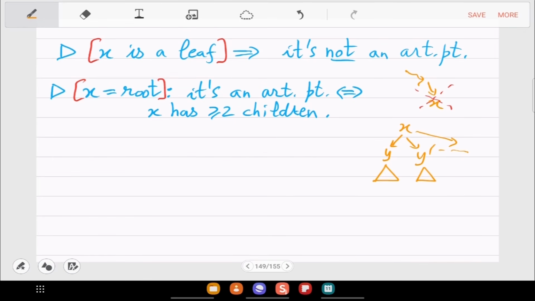Where is the back edge? That is what you need in the proof. So maybe this needs a proof. So when you delete X, from Y to Y prime, there cannot be a path. Because the DFS tree is in front of your eyes, all that is missing is a back edge. But then where will you draw the back edge? Because a back edge cannot go across the two subtrees. It can only go above.